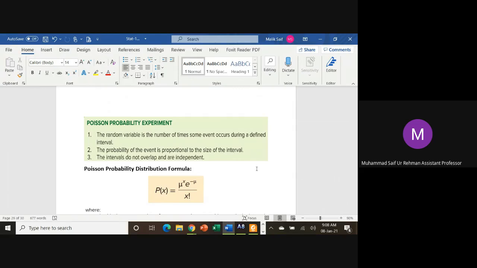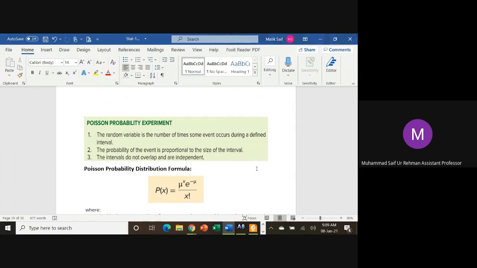However, you have to see the situation before using the formula, whether you would prefer using the binomial probability distribution formula or the Poisson probability distribution formula out of the given situations.